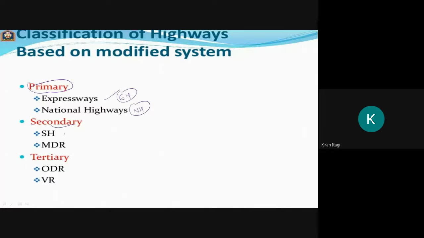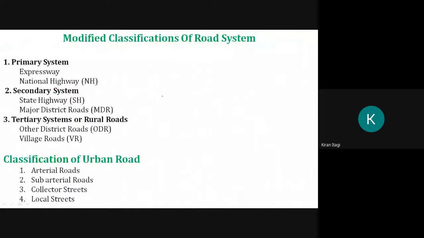In secondary, we have state highway and major district road, and in tertiary, we have other district road and village road. Keep it in mind. Not that much important, but remember this one. For solving the numericals, we need it. These things we have seen.